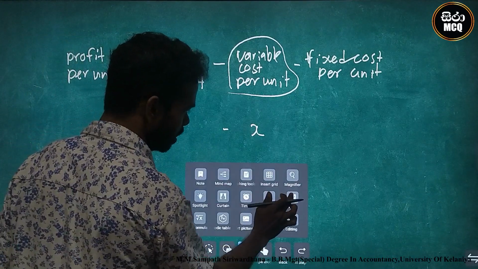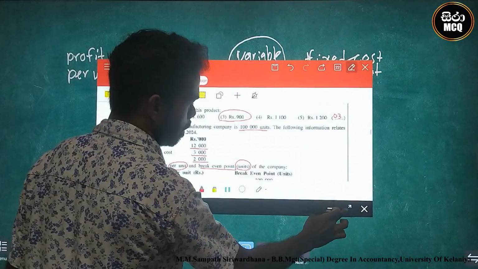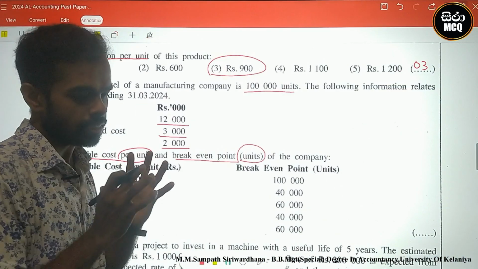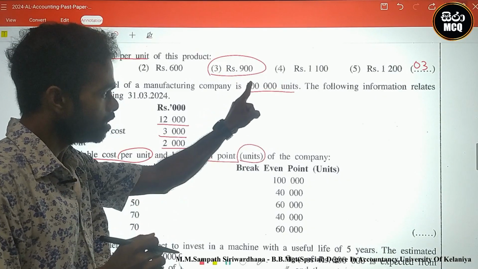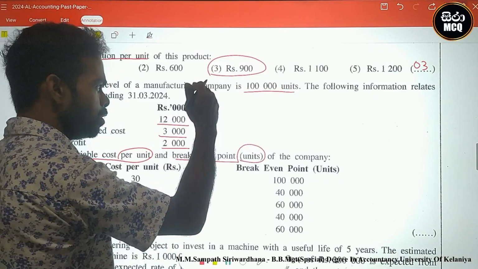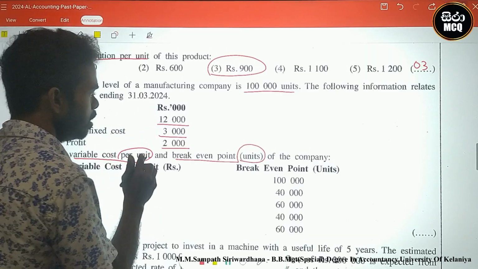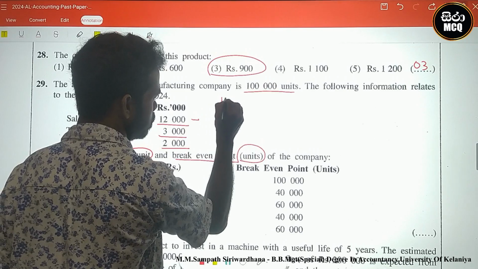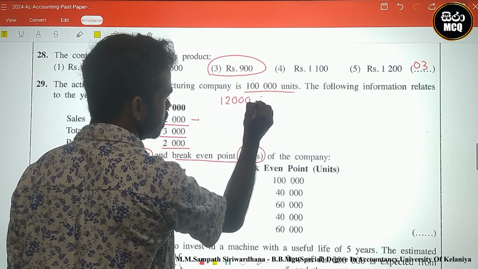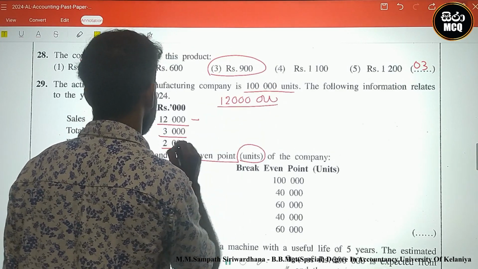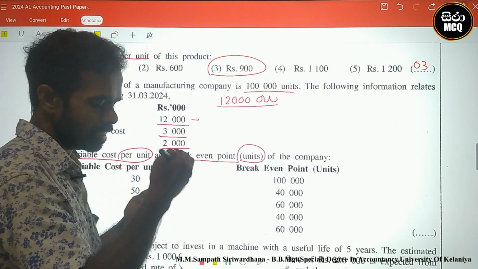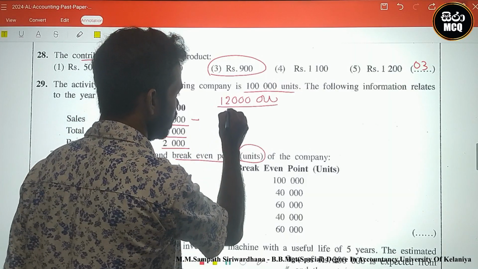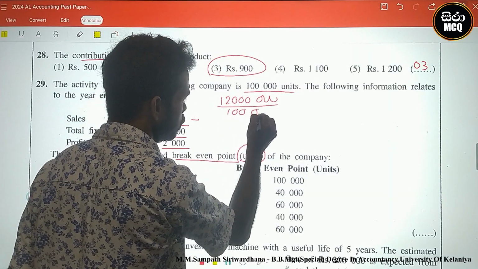The question says sales is the total one, 12,000 million, related to 100,000 units. Therefore I divide by the number of units.